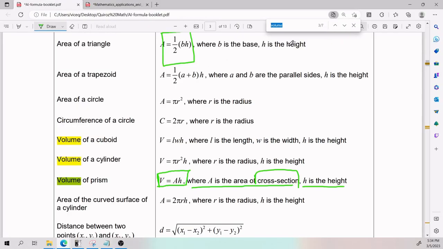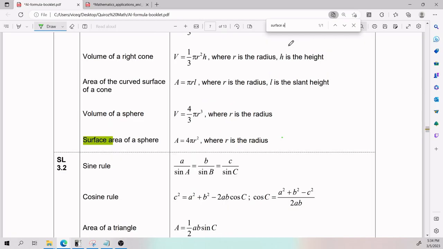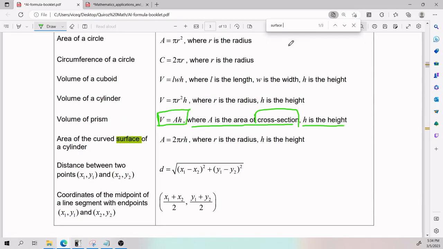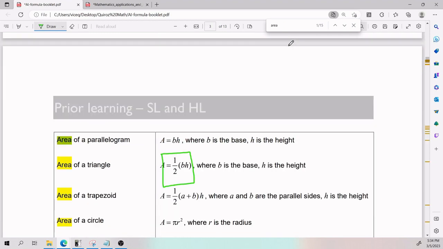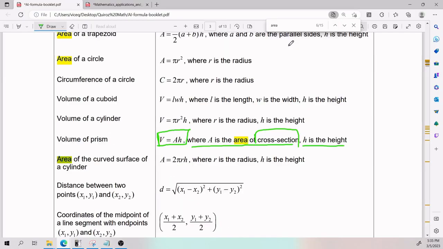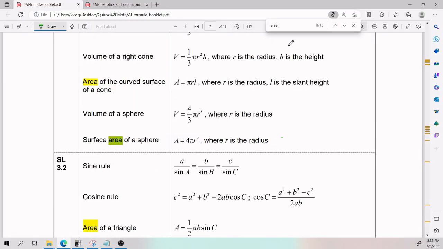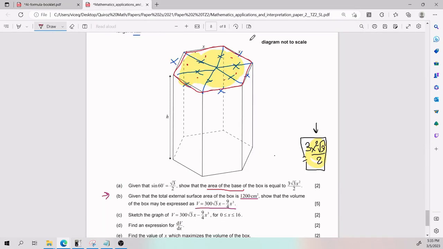So over here, for example, if I go to surface area or surface in general, we have curved surface area of a cone, of a sphere, of a cylinder, and also area in general, which can help for surface as well. Parallelogram, triangle, trapezoid, circle, etc. See, so very general stuff. Not quite what we're going for. And so for surface areas, many times you kind of have to eyeball it.